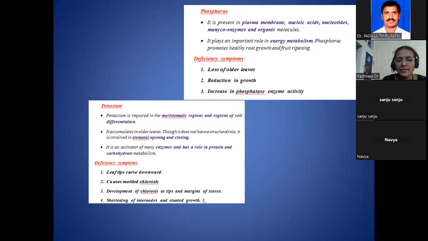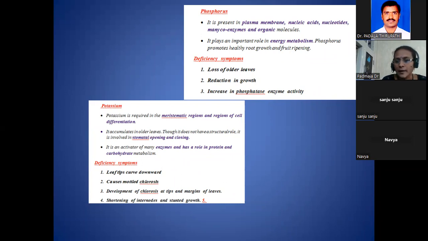And what are the deficiency symptoms of this potassium? Mainly the root tips and leaf tips, the leaf blade or the leaf lamina, will be affected, and they even curve downwards. The curling of the leaves will take place downwards, and it causes chlorosis.